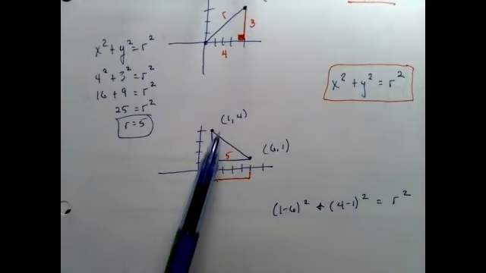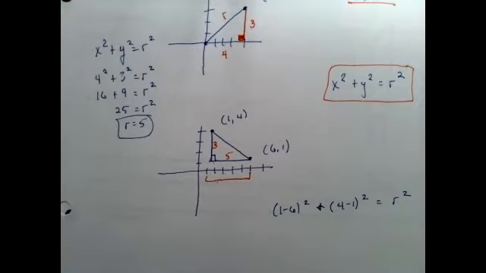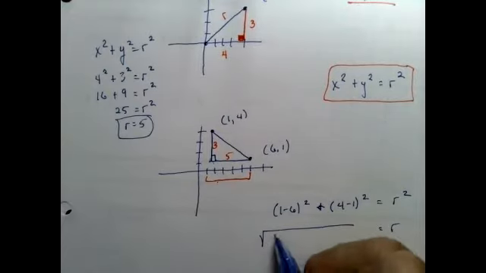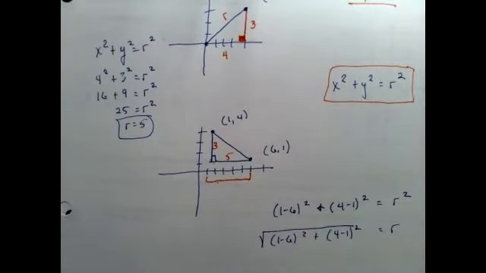I took the x minus the x and the y minus the y to get those lengths. It doesn't matter if it's negative because I'm going to square it right away. That's going to bail me out. So now if I brought the square root over, I'd be able to find r. And this is 1 minus 6 squared plus 4 minus 1 squared.